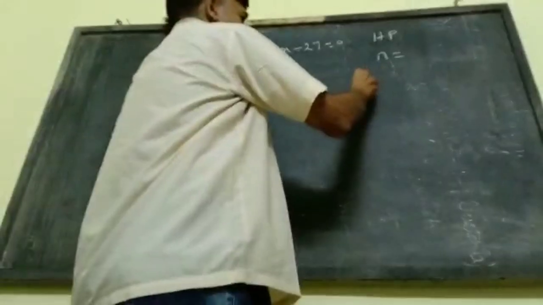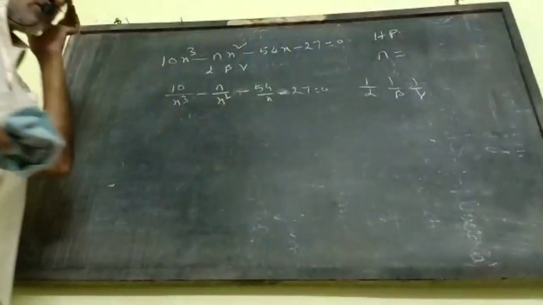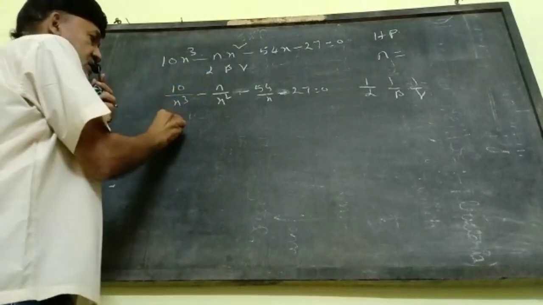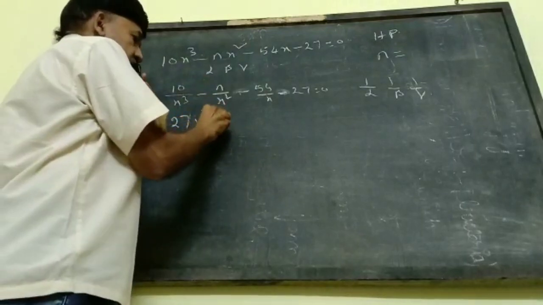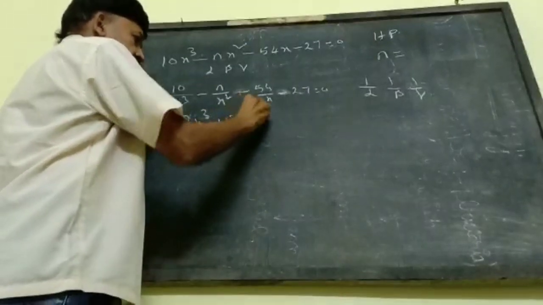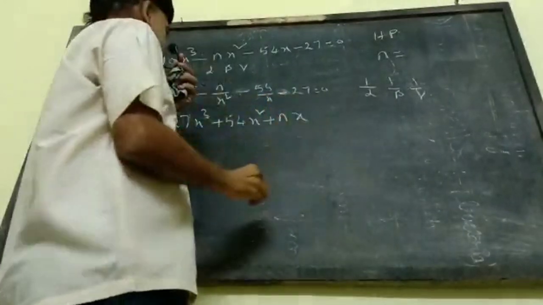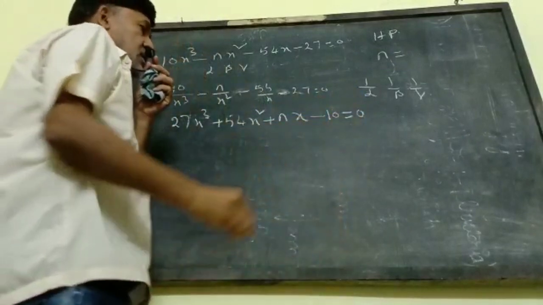For this, roots are 1 by alpha, 1 by beta, 1 by gamma. Understood? Now you can take LCM. You will get 27x cube plus 54x square plus nx minus 10 is equal to 0.